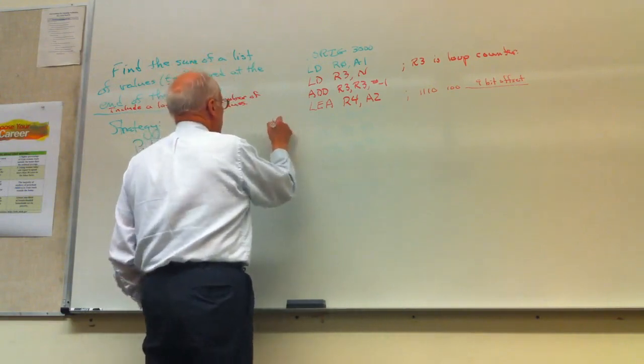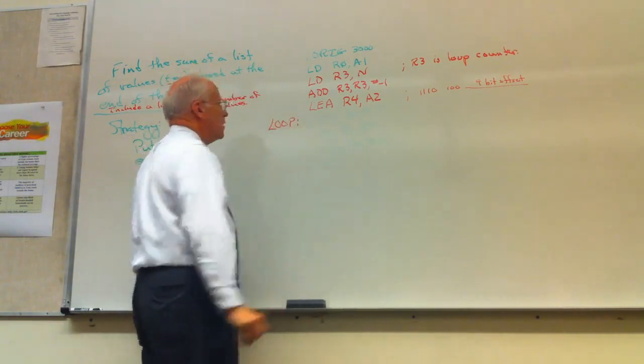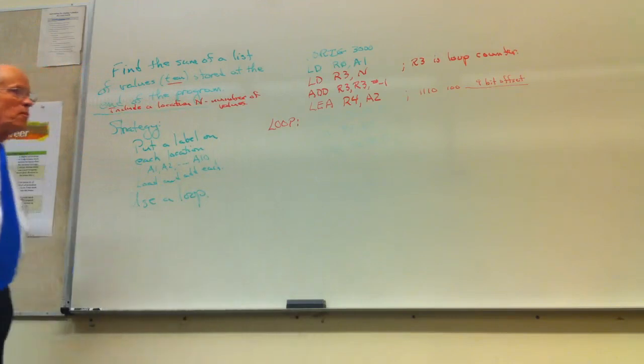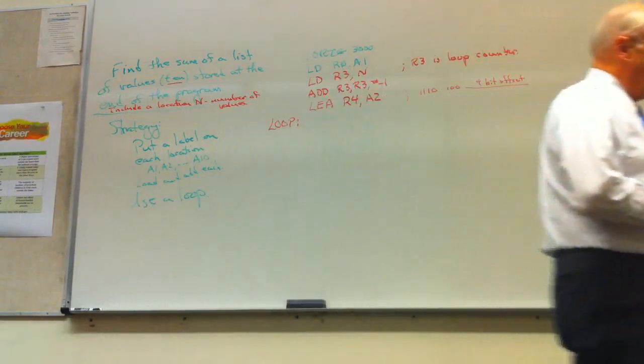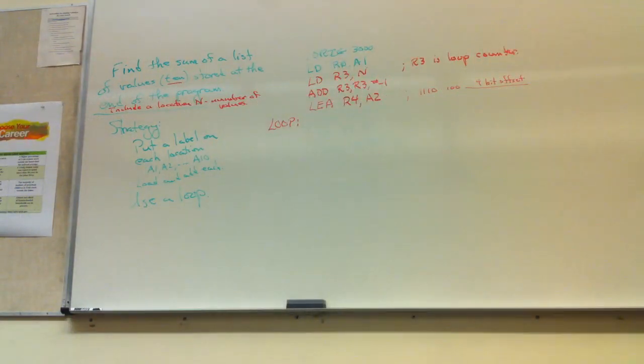Now, here's where I'm going to begin my loop, and we'll work through this thing. Now, I'm going to use that base register addressing mode. Let's see if I can get you to a reference where they show you how to write that thing.